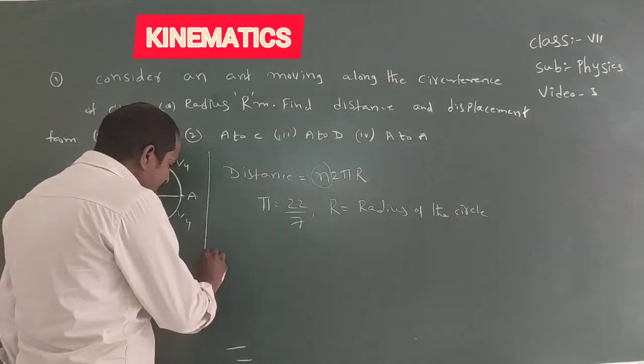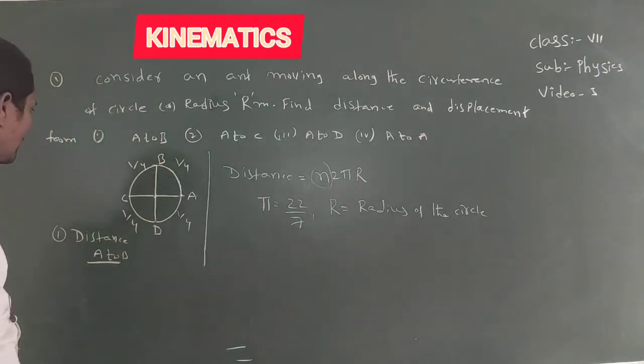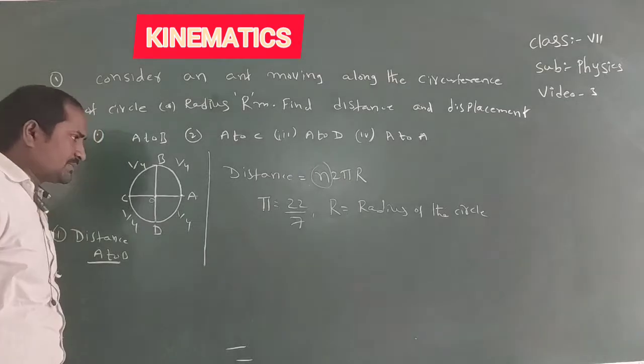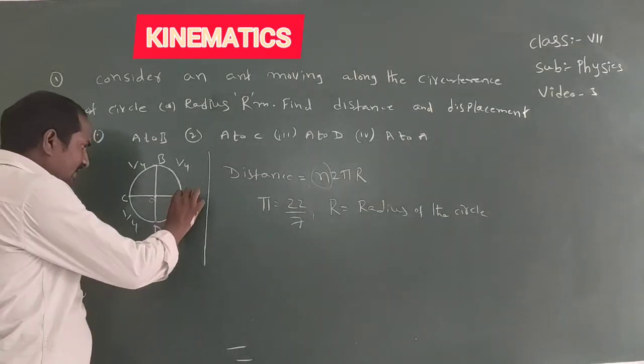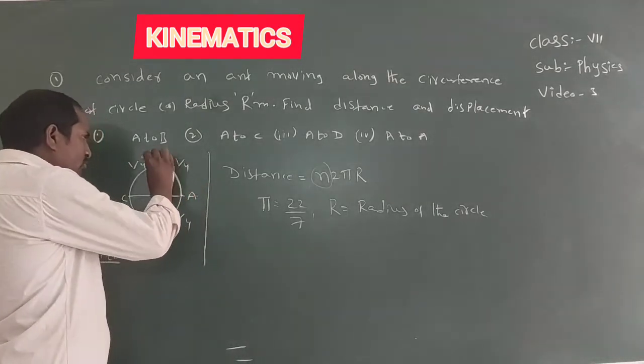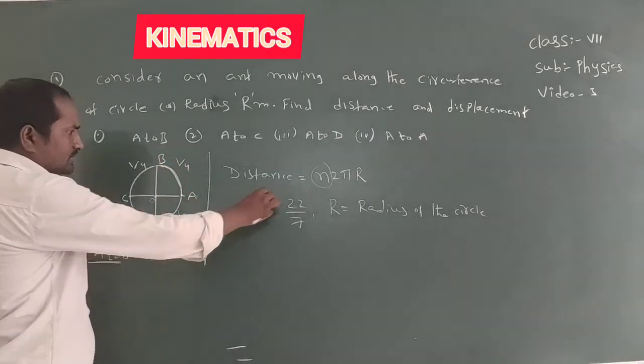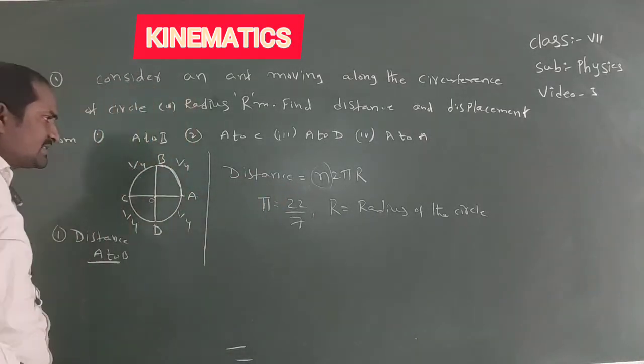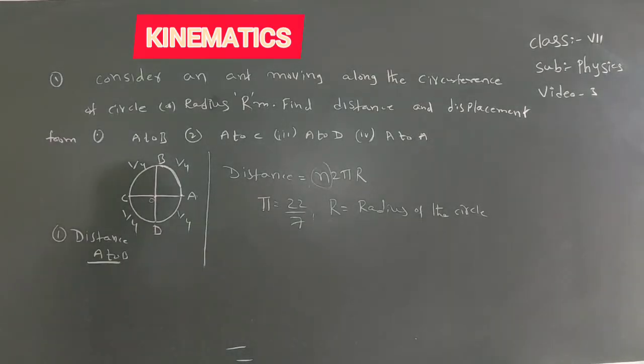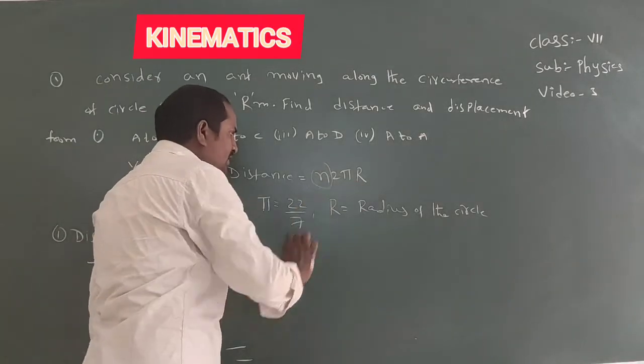What is meant by distance? The length of the path traveled by the body is called distance. Now the body is moving from A to B. The formula is distance equals n into 2 pi r.